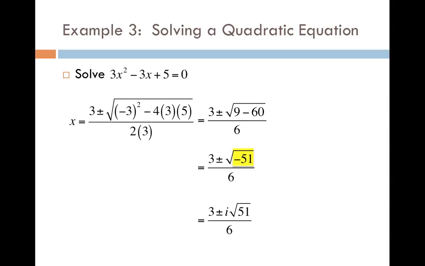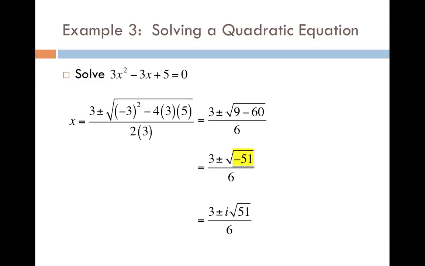Now, if you really want to be precise about this, you could split things up and say that the 3 over 6 would become 1/2, and then the square root of 51 over 6 would be the coefficient on your i. If you prefer to write it that way, which is a more true complex number form, you are certainly welcome to.